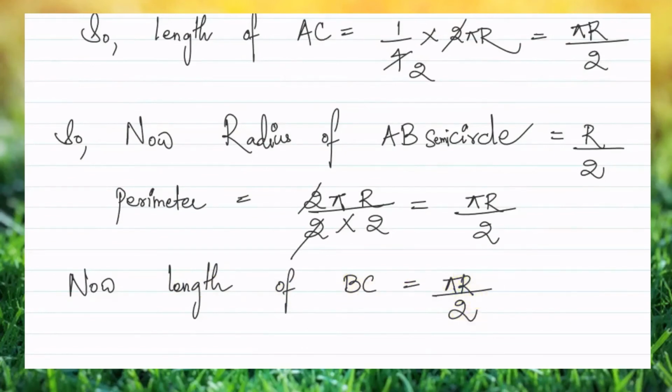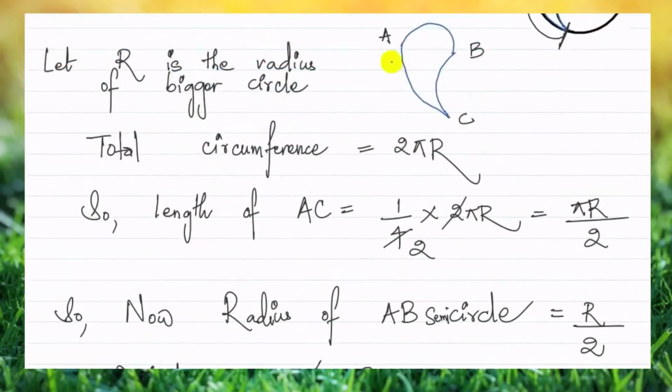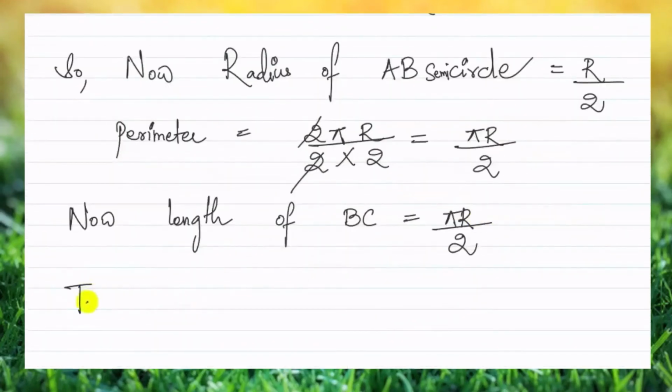Now what is the total perimeter of the figure? The total perimeter is AB plus BC plus AC.